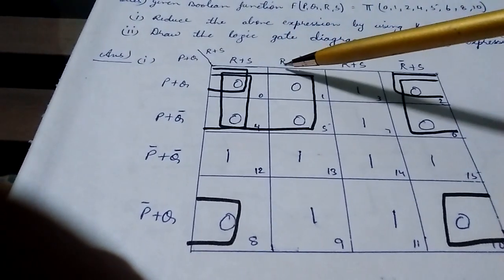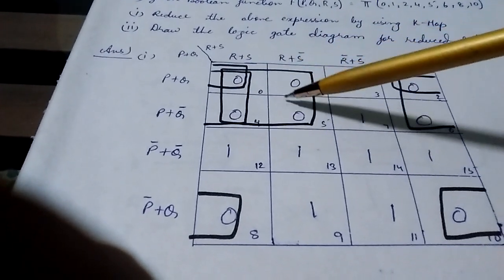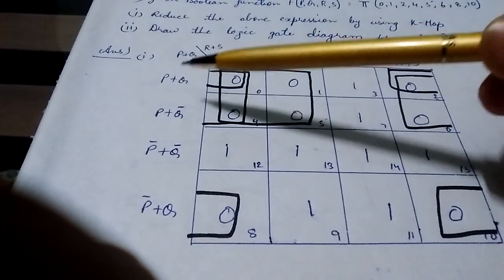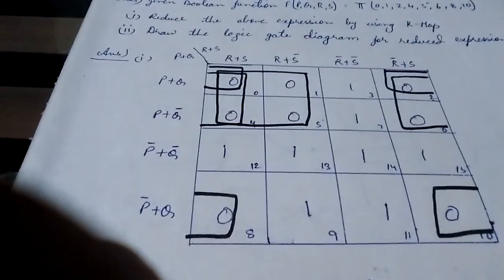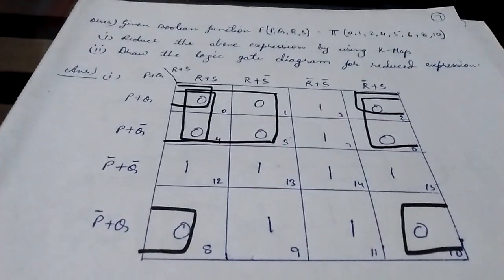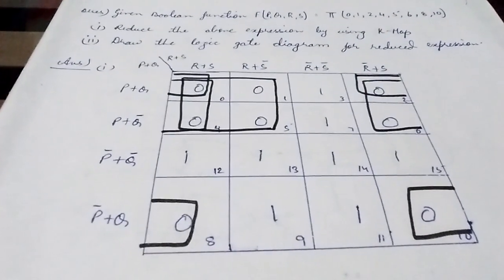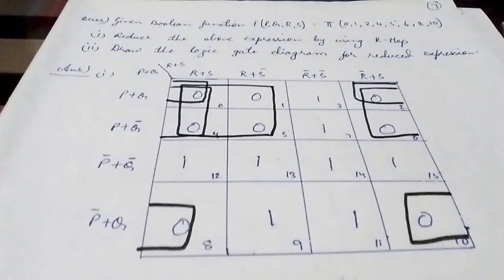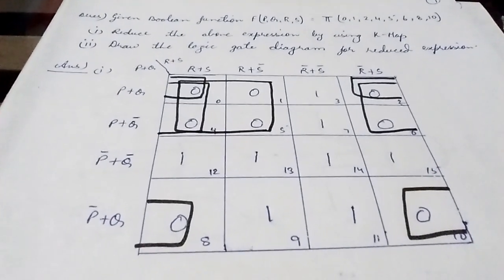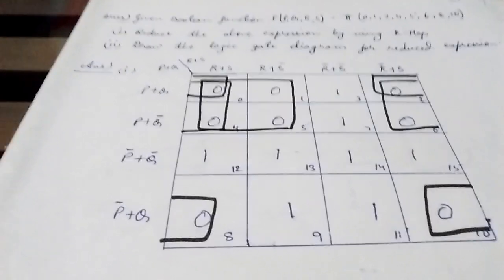Similarly, R and R is common, S and S bar will cancel. So for this set of 4, we will get P plus R. And for the corner set of 4, we are getting, again P will remain, Q and Q bar will cancel, and R and R bar will cancel. So we will get P plus S.